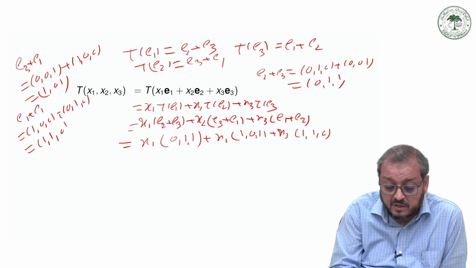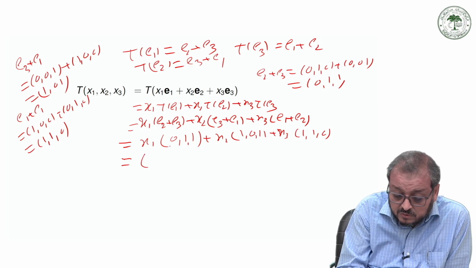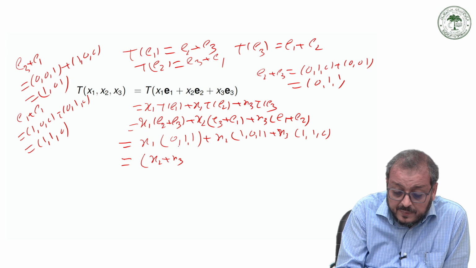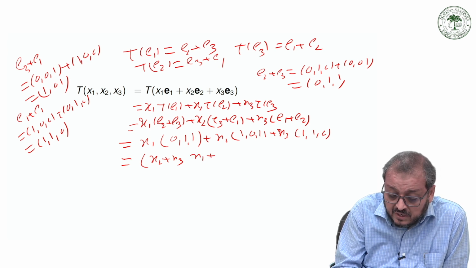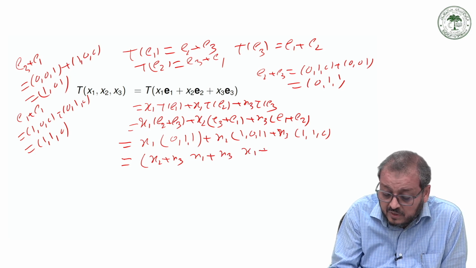Now we write the first coordinate as x2 plus x3, and similarly clearly x1 plus x3, and then clearly x1 plus x2.